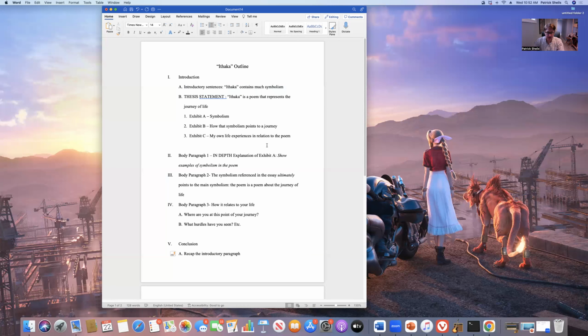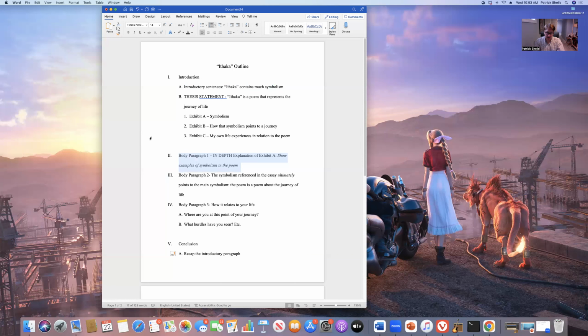So let's go to the body paragraphs. Body paragraph 1, an in-depth explanation of Exhibit A, show examples of symbolism in the poem. We can see that here. It's very important when you are crafting an academic essay that when you're arguing for things inside the poem in your body paragraphs, you use text from the source material to support your claim.